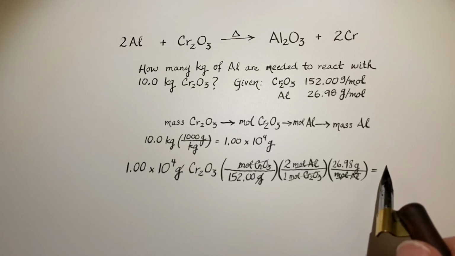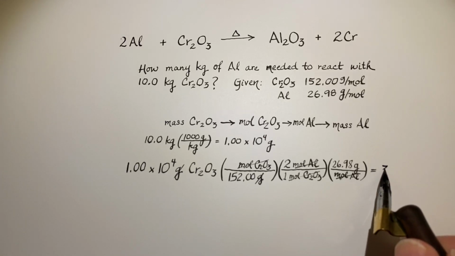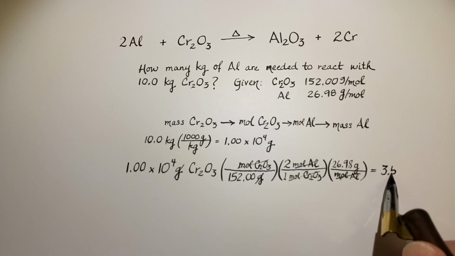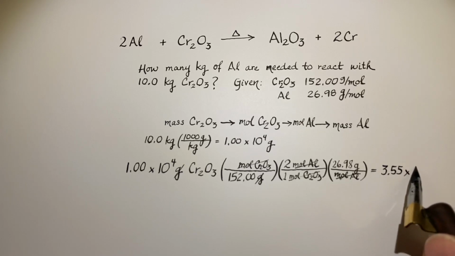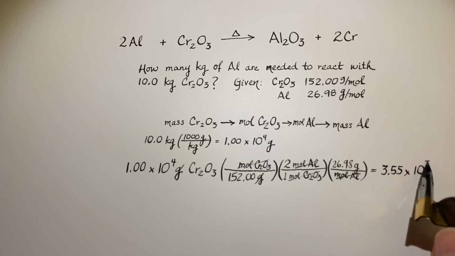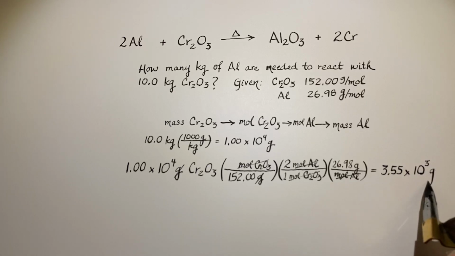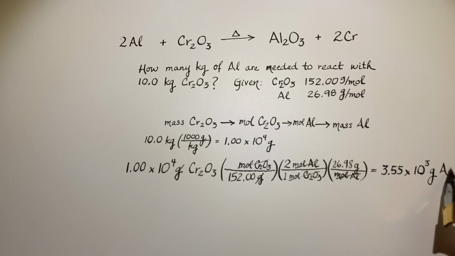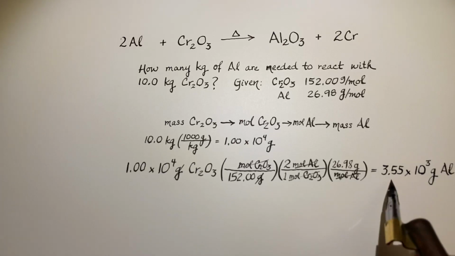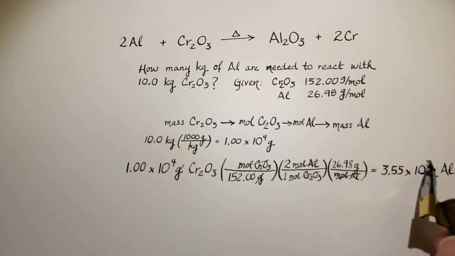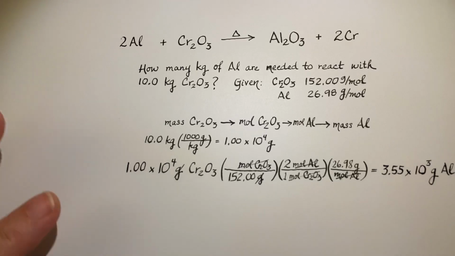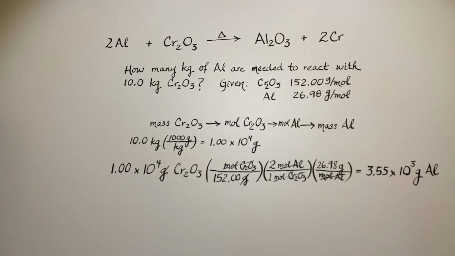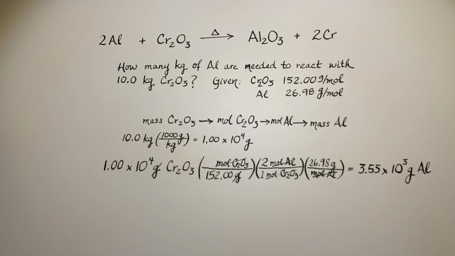Okay, and what we get here is 3.55 times 10 to the third grams of aluminum. It's almost on the edge there.